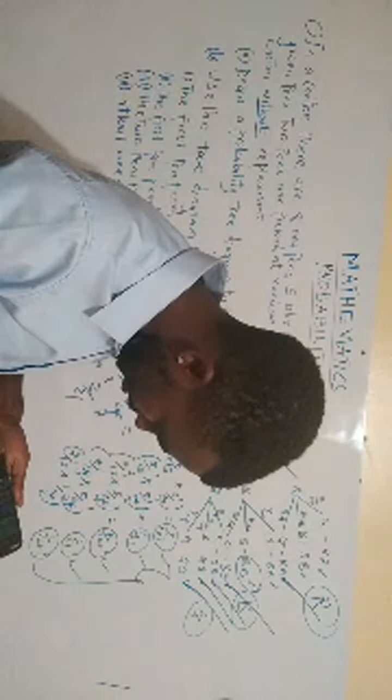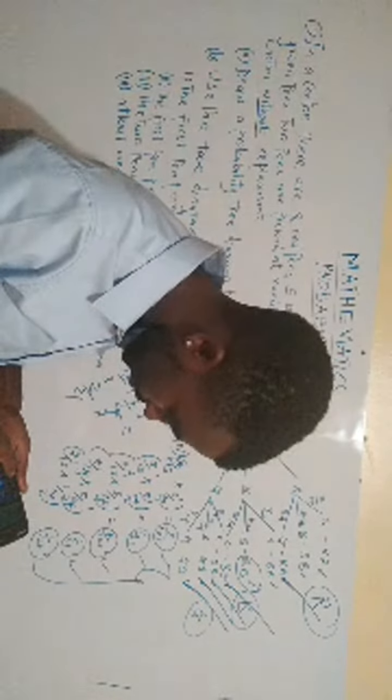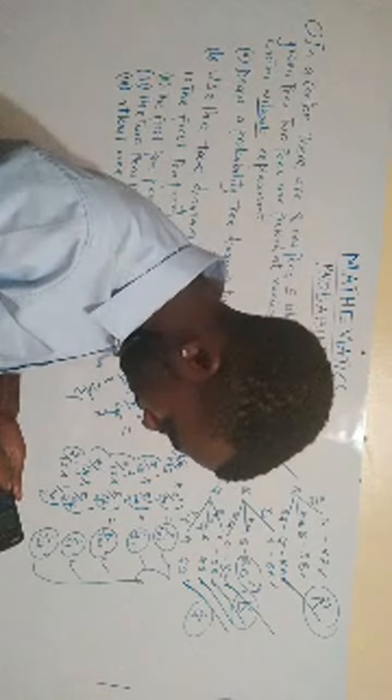So it is 8 out of 105 plus 1 out of 21 plus 8 out of 105 plus 1 out of 21, then plus 1 out of 105.